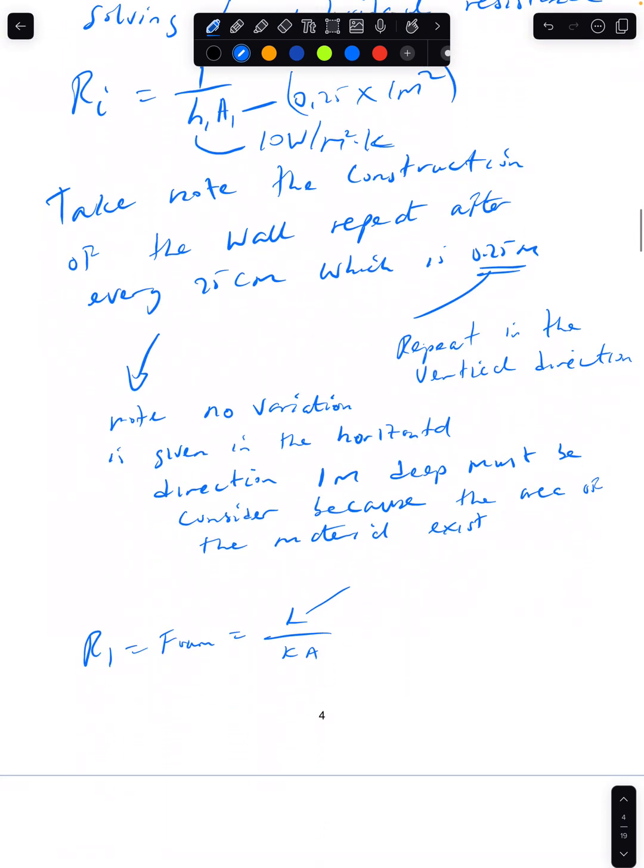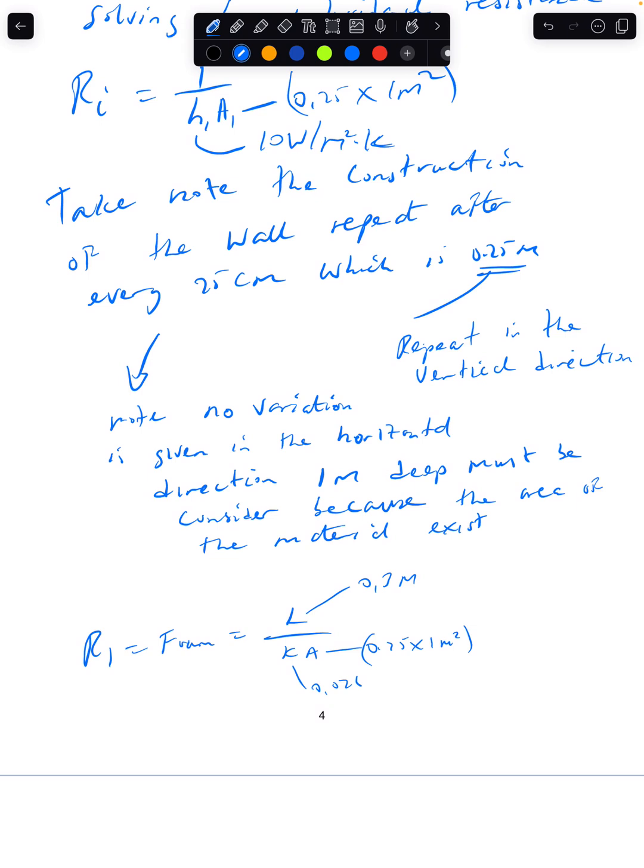So that becomes 0.3 meter, and the k for that is equal to 0.026, and the area is equal to 0.25 times 1 meter square, because I've already explained that area.